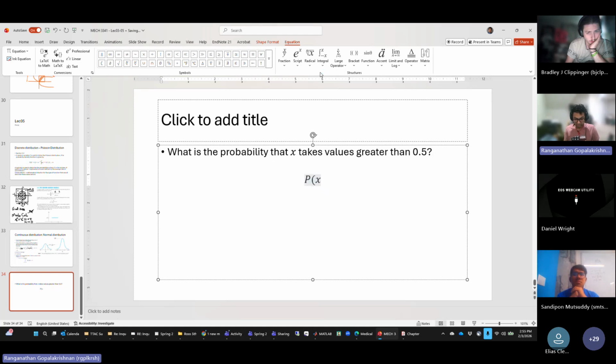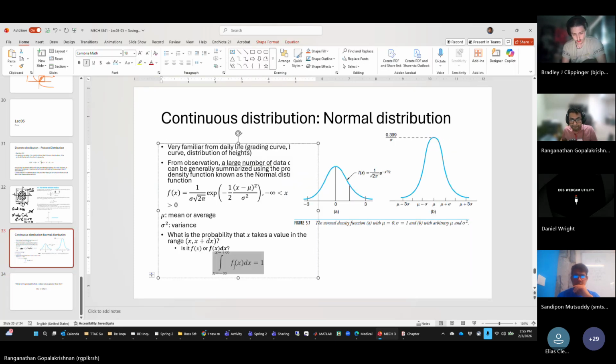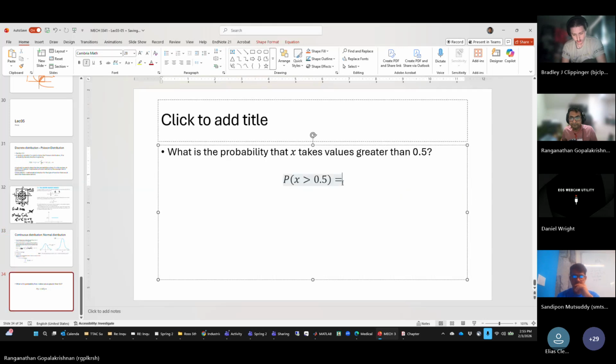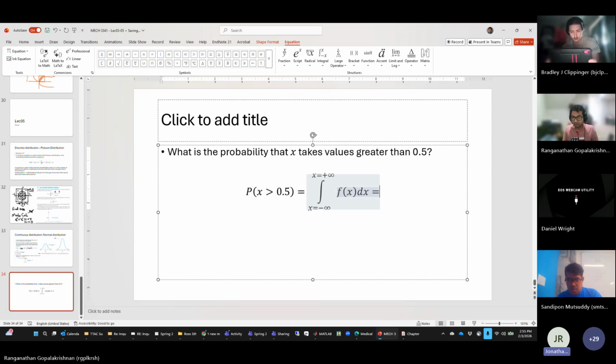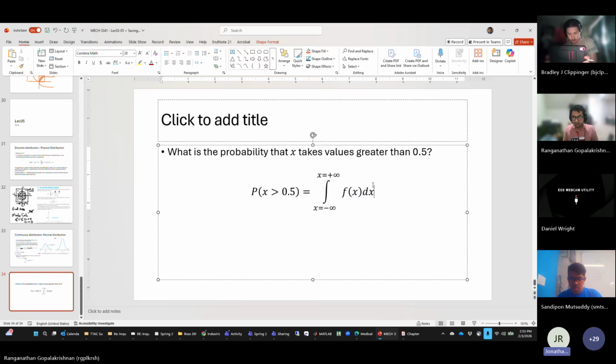Probability of x greater than 0.5. Would you change the range now to have the lower bound be 0.5 and the upper be infinity? Very nice. So that's 0.5 to infinity. That's probability of x greater than 0.5.